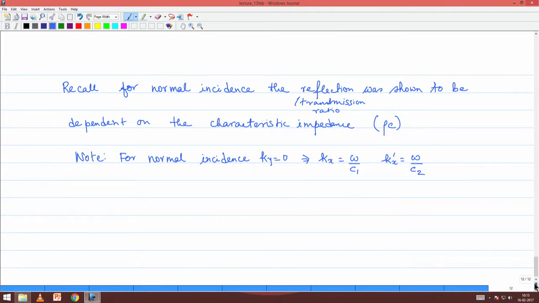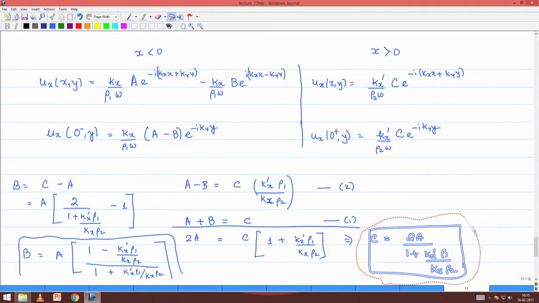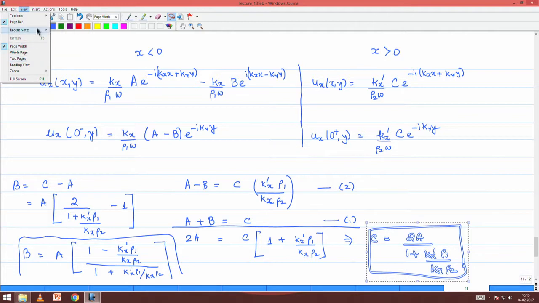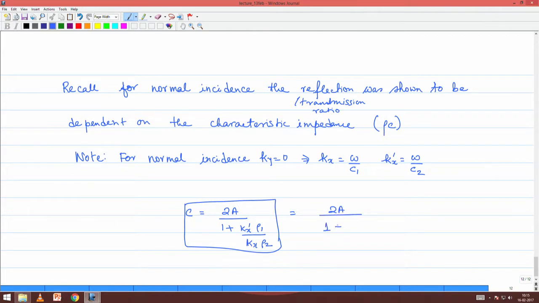And if you make these substitutions back into this expression, then again you will see that this expression will be reading 2a divided by 1 plus, instead of kx' I have written omega by C 2, instead of kx I have written omega by C 1, and then the two omegas have cancelled each other, leaving C 2, rho 2 and C 1.